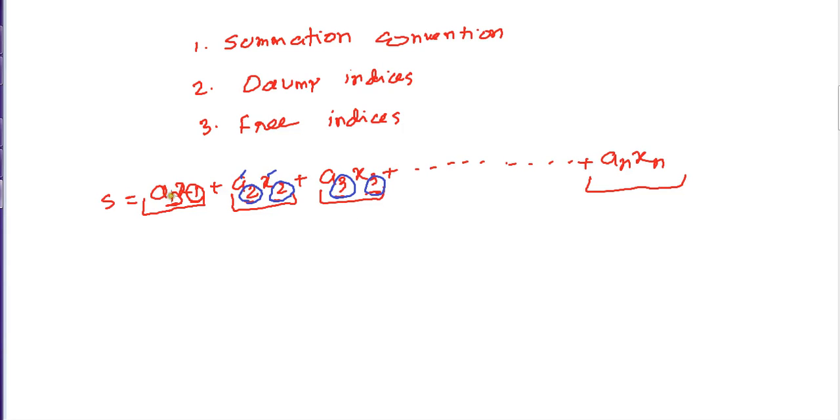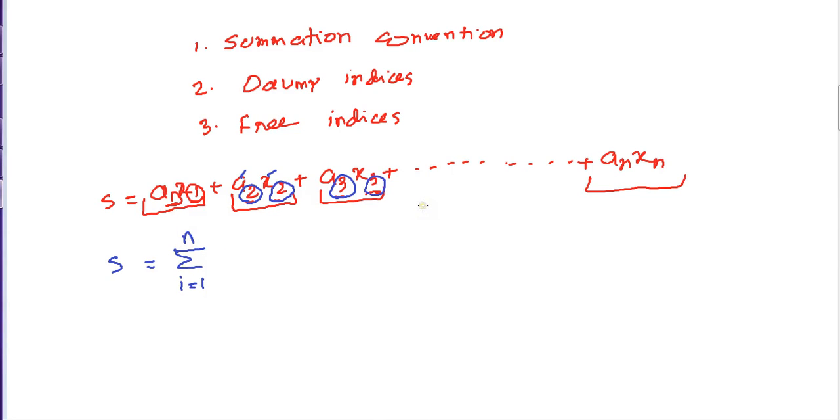Using the summation convention, we can write this equation in a compact form using the summation sign. How many terms are there? 1, 2, 3, up to n terms. So with the summation sign, i equals 1 up to n, how can we write these whole terms in compact form?